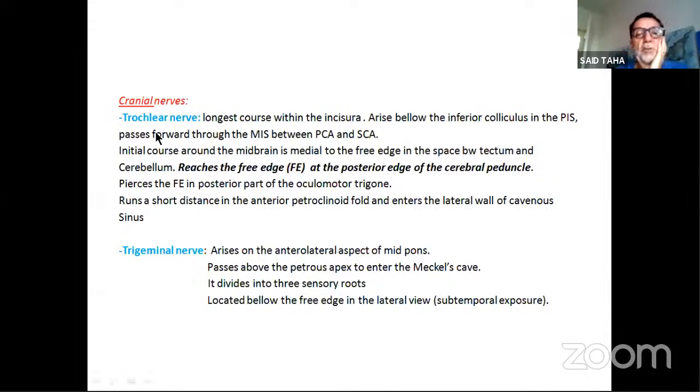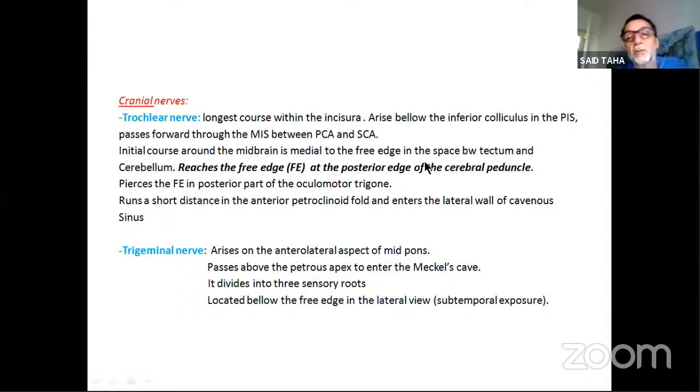It passes forward through the middle incisural space between the posterior cerebral artery and the superior cerebellar artery. Its initial course around the midbrain is medial to the free edge, in the space between the tectum and the cerebellum, and it reaches the free edge at the posterior edge of the cerebral peduncle.